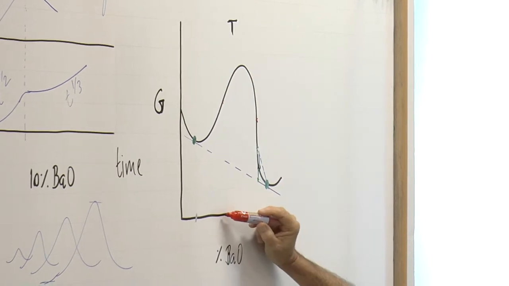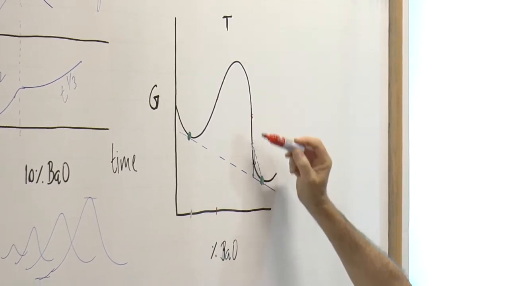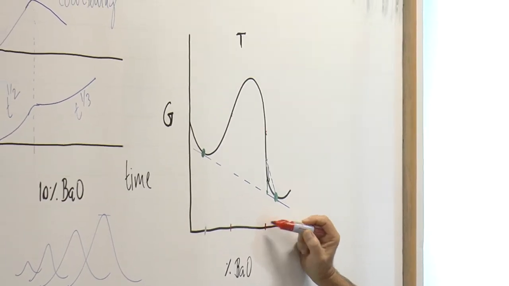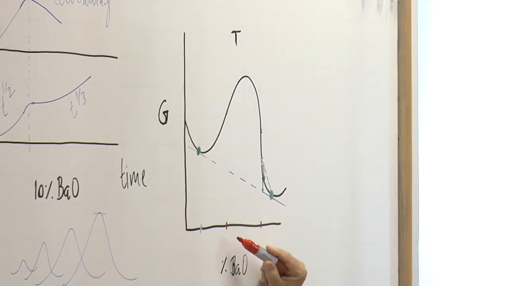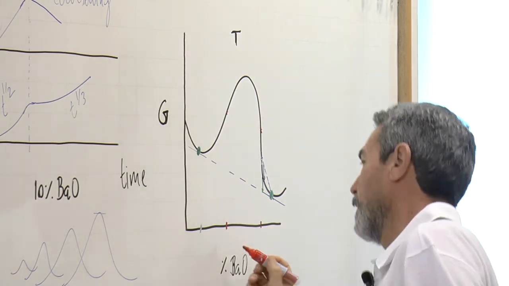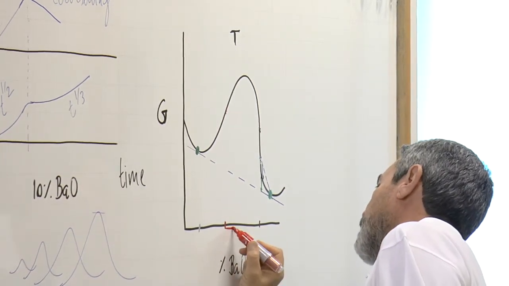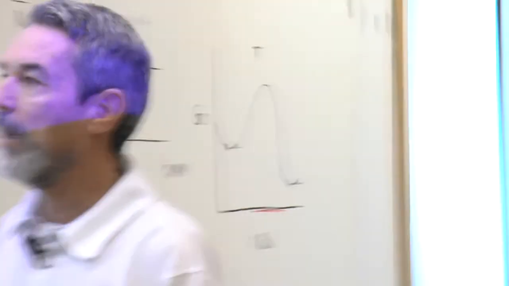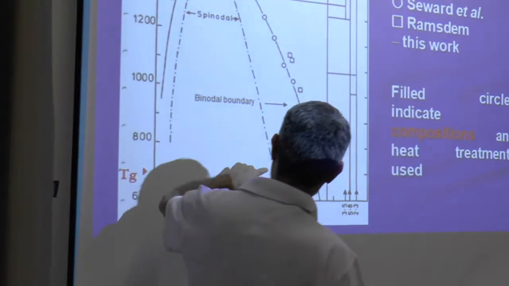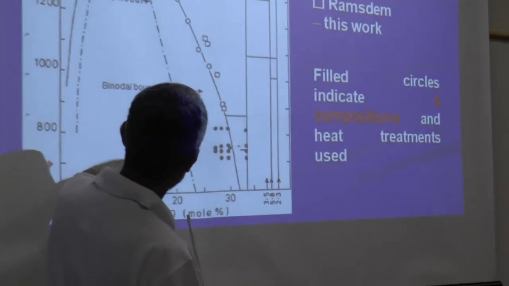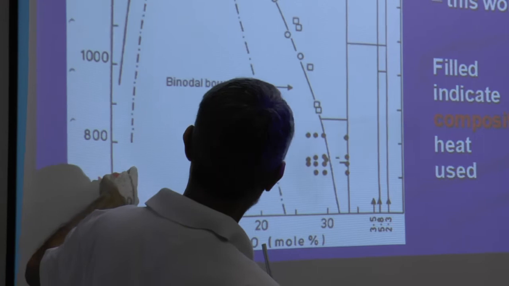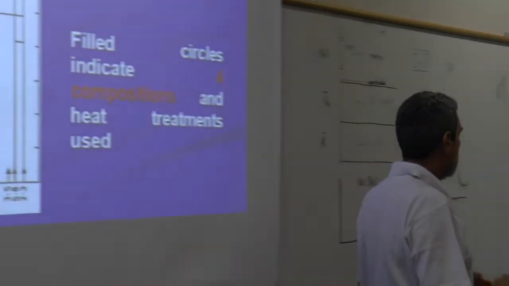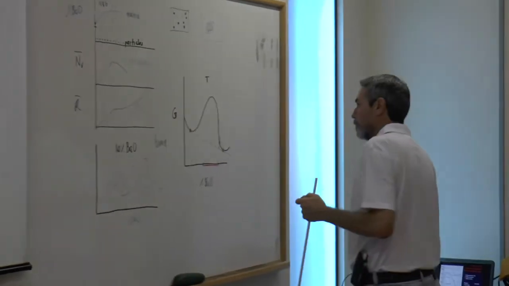So at this particular temperature, these are the limits of spinodal decomposition, equivalent to this point here and this point here. These inflection points determine the spinodal decomposition region.